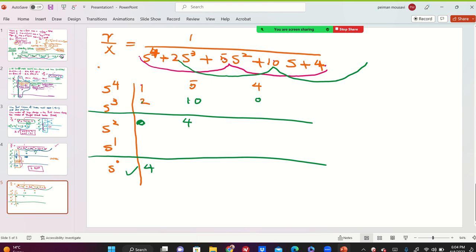That's it. Now here, 0 minus 8 divided by 0. So how much is it gonna be? 0 minus 8 divided by 0. How much is this? Minus infinity.